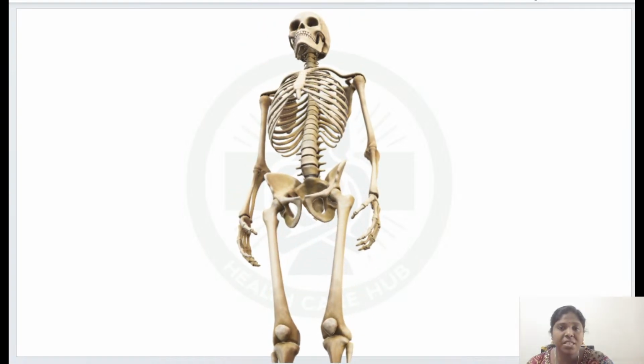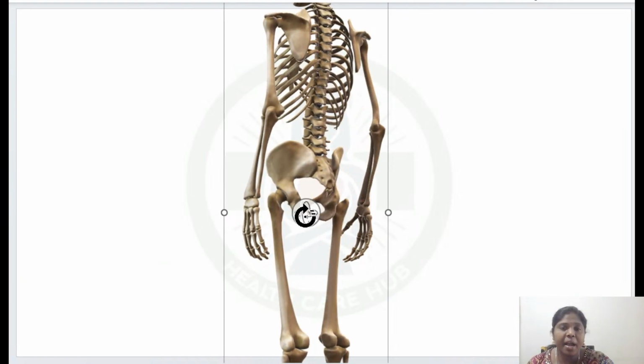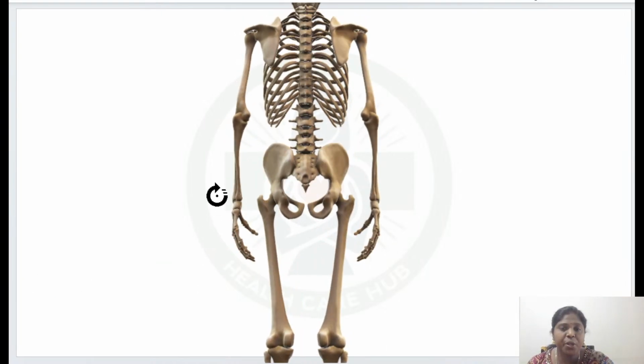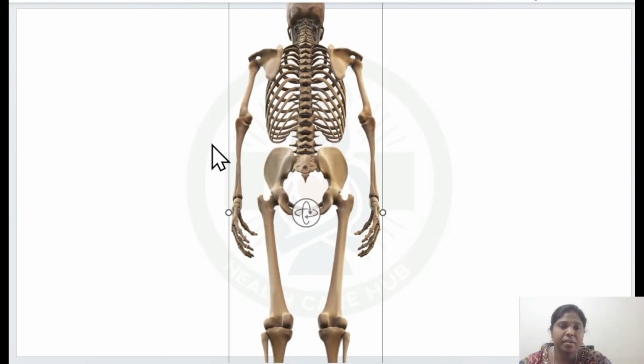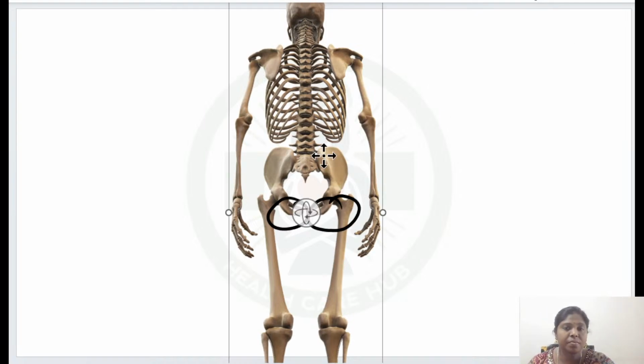So this is how our human skeletal system looks, isn't it? And here I am talking about the distance between these two ischial tuberosities.